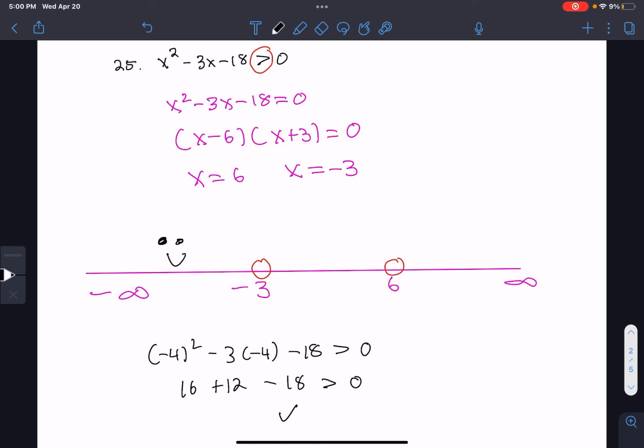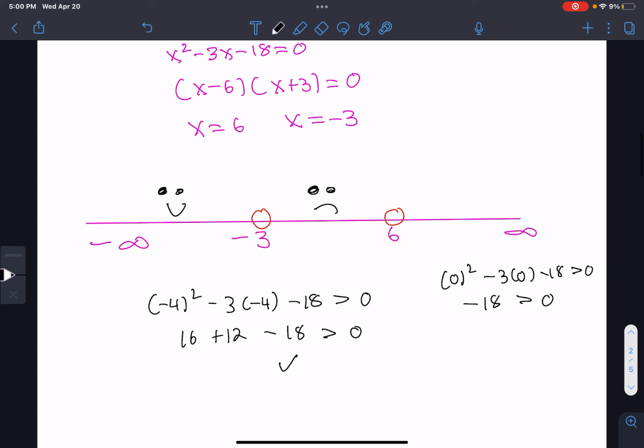Then between negative 3 and 6, I'm going to pick 0. And is negative 18 greater than 0? Nope. And then I'm going to pick 7. So we got 49 minus 21 minus 18.